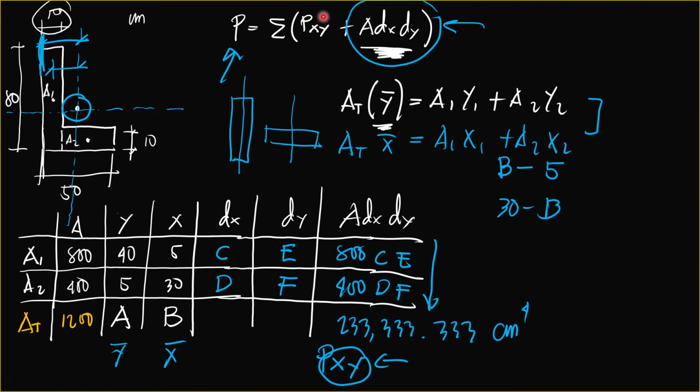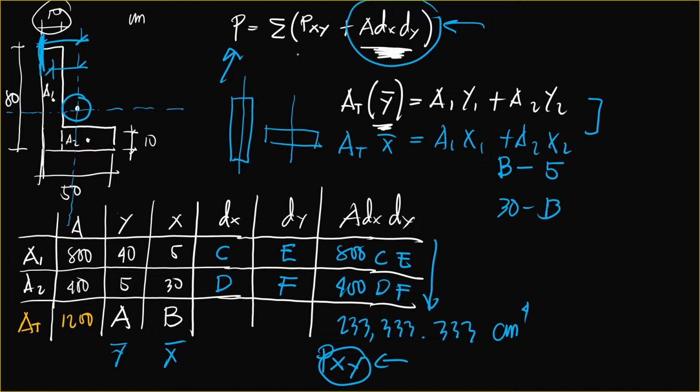It is the product of inertia of each shape, with respect to its own centroid. If the individual shapes are symmetrical about both axes, then the value of this PXY will be 0. An example of that is a triangle.